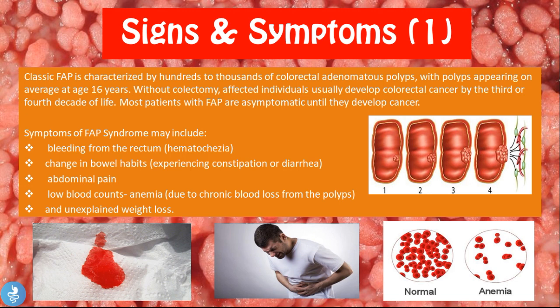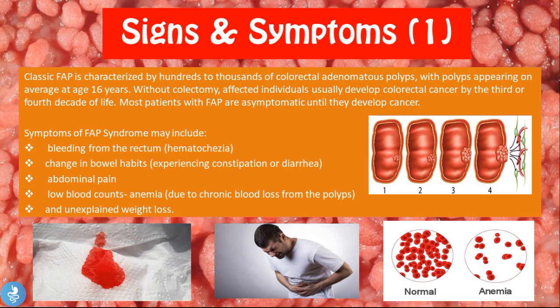So now let's talk about some signs and symptoms of FAP syndrome. Classic FAP is characterized by hundreds to thousands of colorectal adenomatous polyps, with polyps appearing on average at age 16. Without colectomy, affected individuals usually develop colorectal cancer by the third or fourth decade of life. Most patients with FAP are asymptomatic until they develop the cancer.